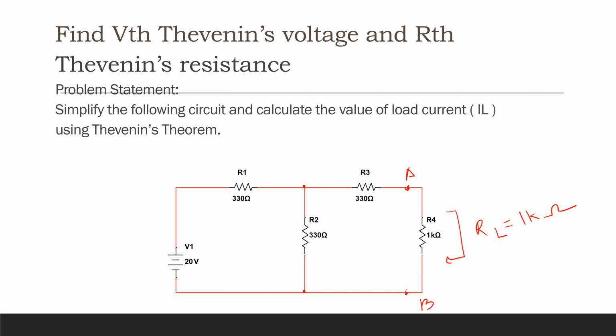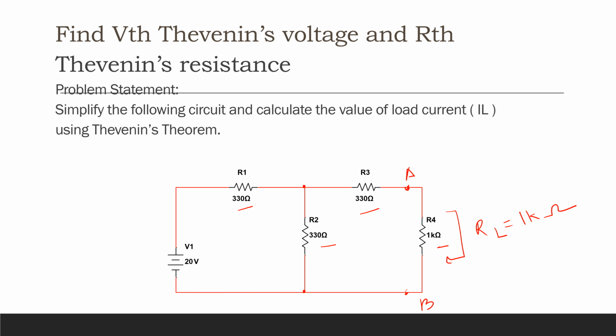If you observe, 330 ohm, 330 ohm, 330 ohm, 1 kilo ohm are available in the lab. So we can implement this circuit on a breadboard, simulate it in Multisim, and also perform theoretical and practical calculation.